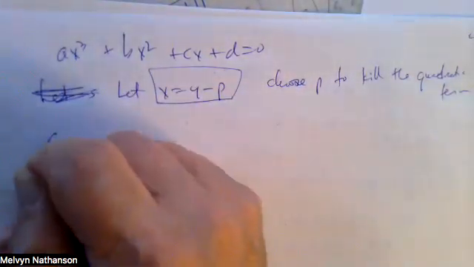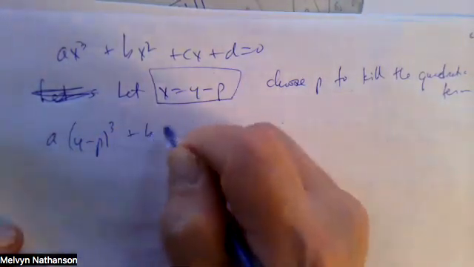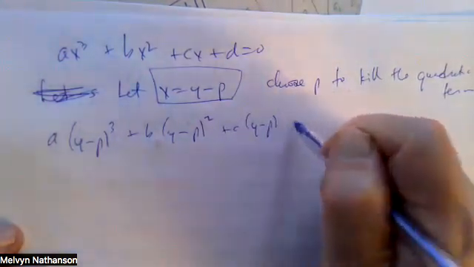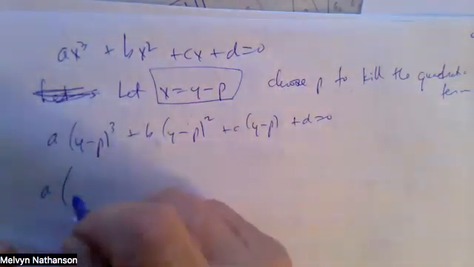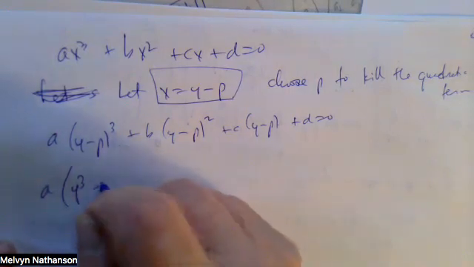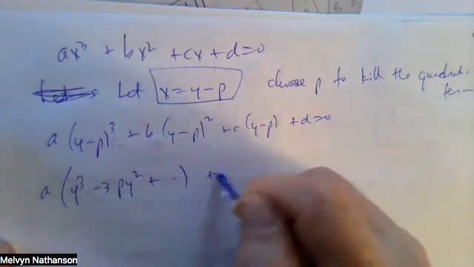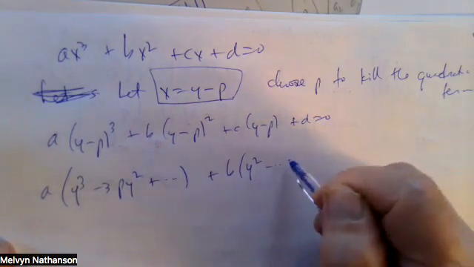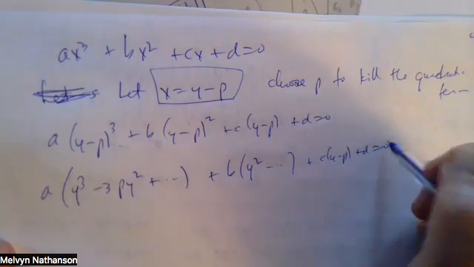So if I let x equal y minus p and I substitute it in, I get a (y minus p) cubed plus b (y minus p) squared plus c (y minus p) plus d equals 0.